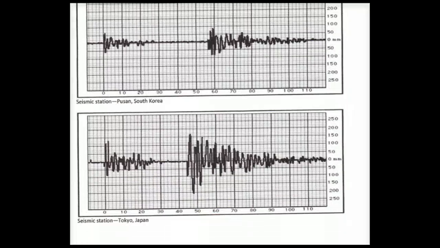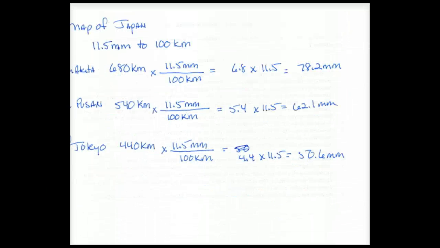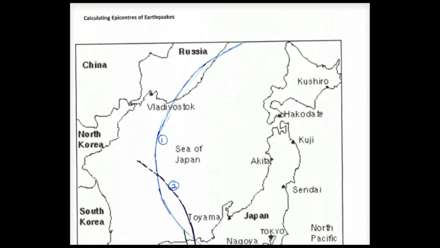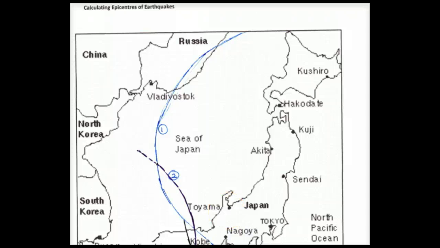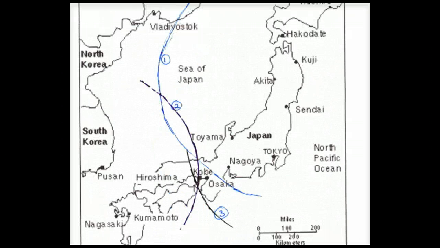So when you're doing this, know that if we were all sitting in the classroom together and we all had our fabulous maps all photocopied from the same photocopier, and we ended up with numbers that we agreed upon every step of the way, and we had a very precise instrument that would allow us to measure, say from Akita, out 78.2 millimeters, we would get to a spot where our three circles would cross or would be very close.